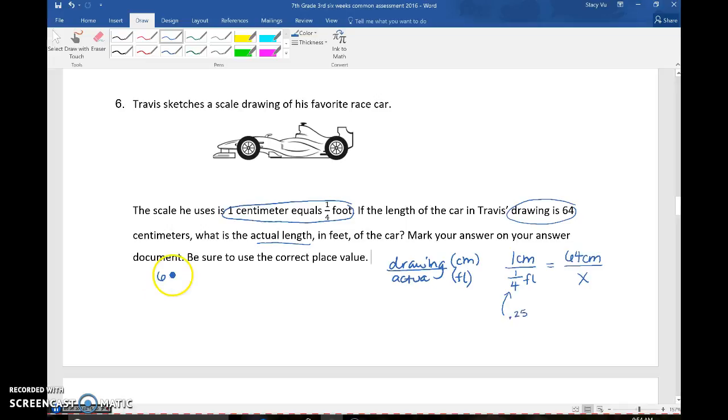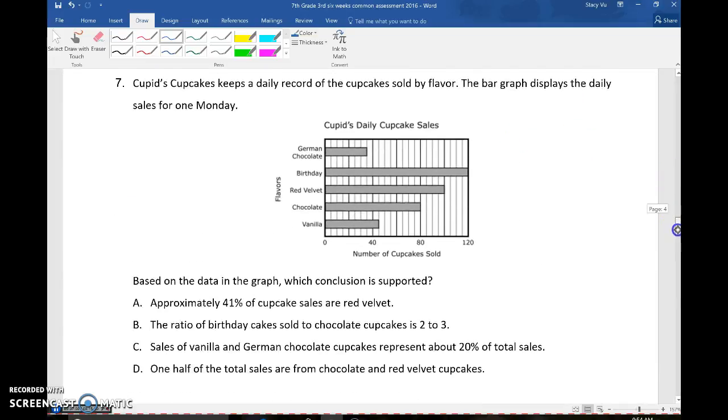So we need to do 64 times 0.25. 4 times 5 is 20. 5 times 6 is 30, plus 2 is 32. 2 times 4 is 8, 2 times 6 is 12, 8 plus 2 is 10. 2 numbers to the right of the decimal, so 16. So 1x equals 16, so our answer is 16 feet.